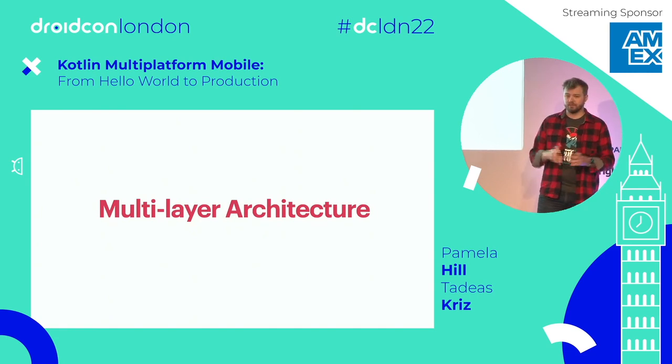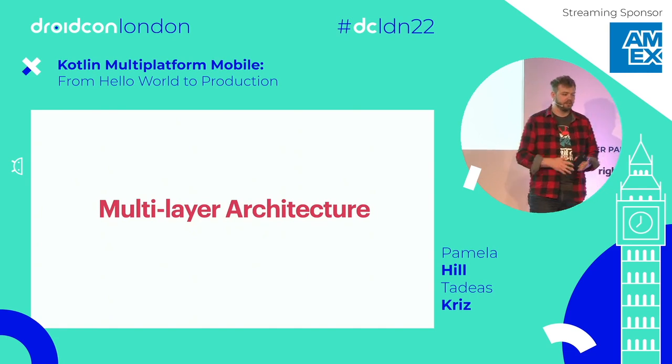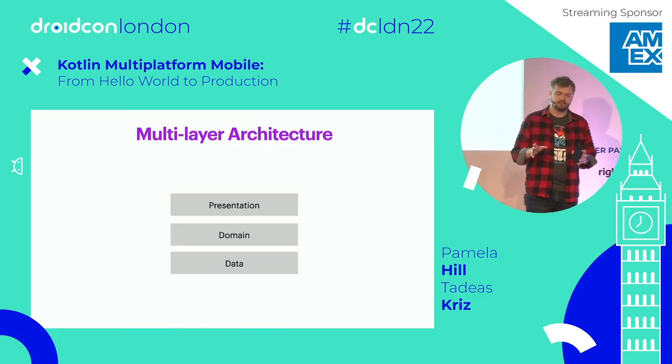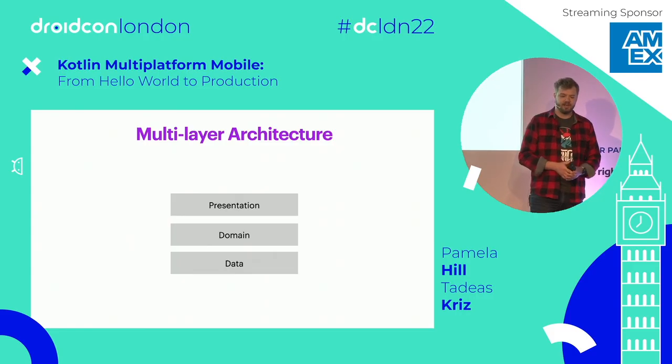And we really want to talk about a multi-layered architecture where we have three main layers. Again, the more complex the app, the more layers you will have. But basically, the presentation layer is where we think about the MVVM, MVP, and so on.